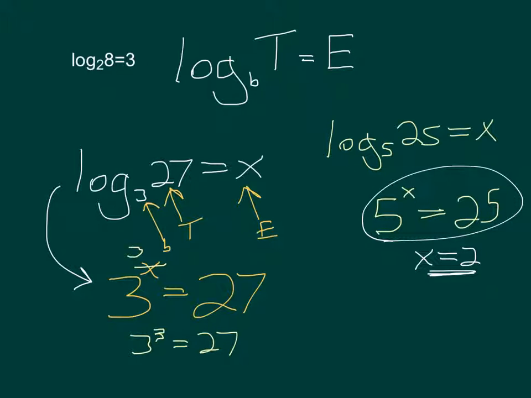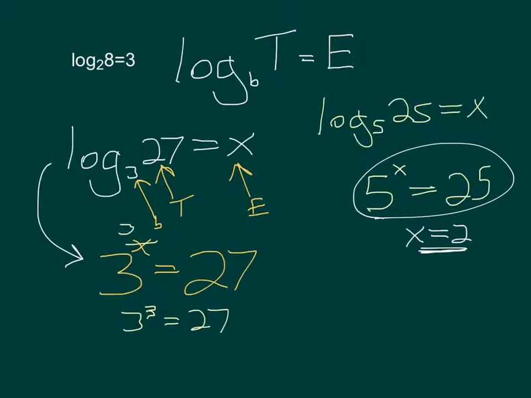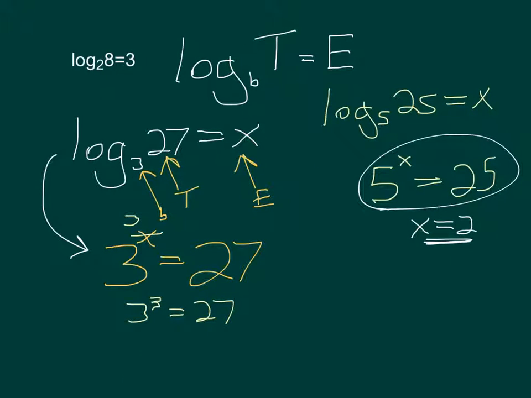Okay? Now let's do one more example where maybe what I don't know is the thing in the middle. So let's say I have log base 2 of x equals 6. To solve this one, again, just write it in exponential form.